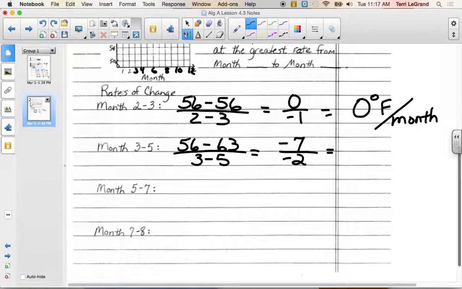A negative divided by a negative is a positive, and 7 divided by 2 is 3.5, and those are degrees Fahrenheit per month.